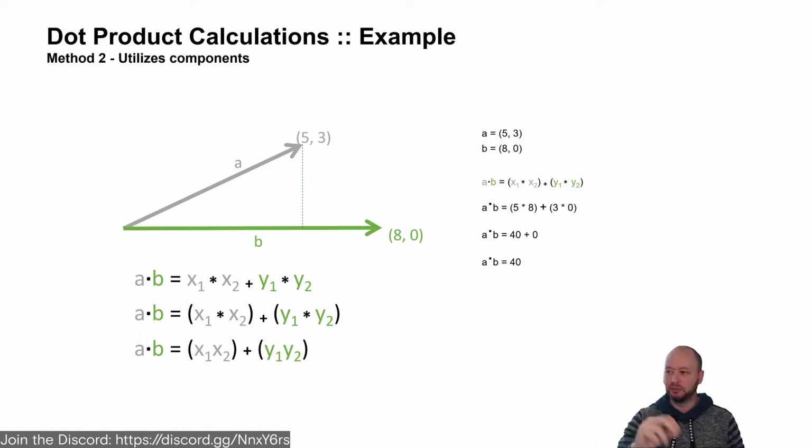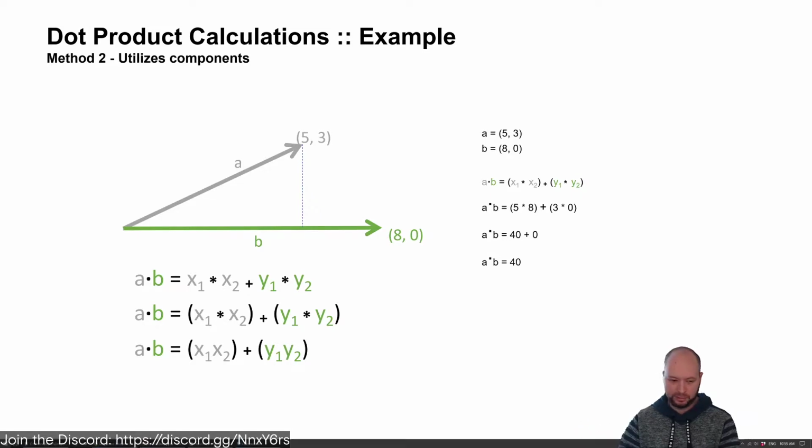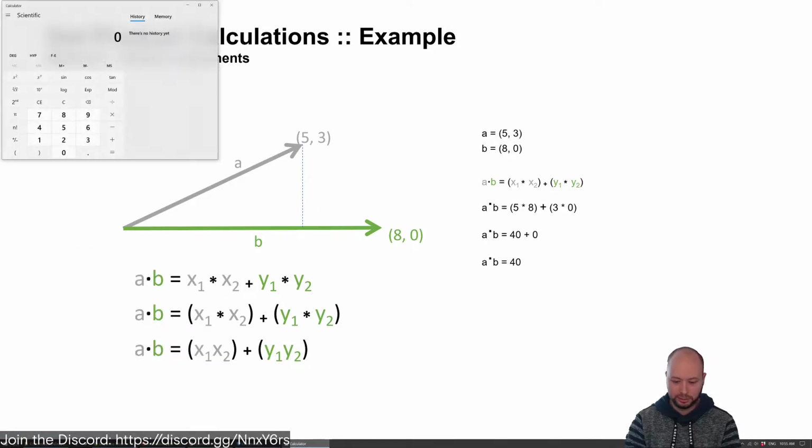So if we take the inverse cosine of 40 divided by 15 plus 64, or 79, so 40 over 79, let's do the calculation. 40 divided by 79, great.